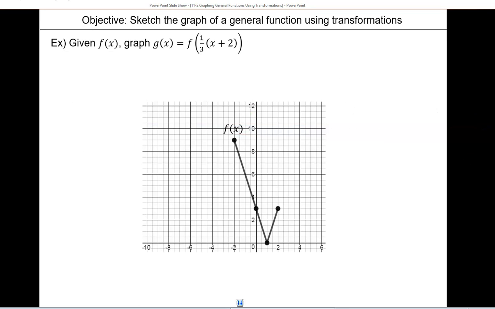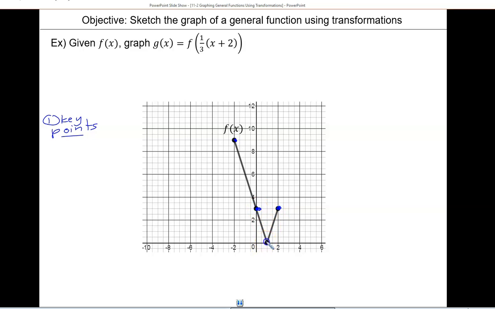All right, so let me show you what that's all going to do here. One of the things that we have to do is identify those key points. So the first thing I'm going to do is my key points, just following the procedure from the previous slide. So I do endpoints. I would do intercepts, like the y-intercept here.